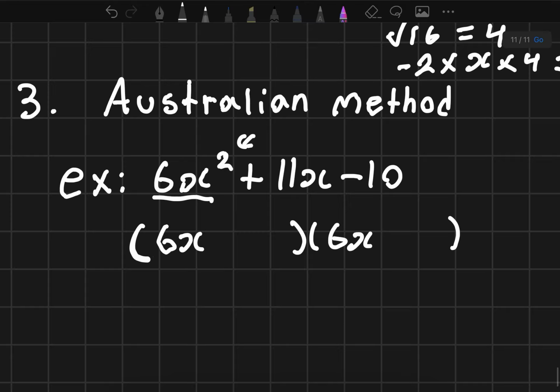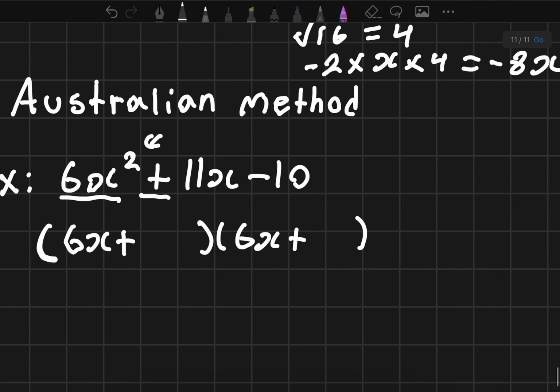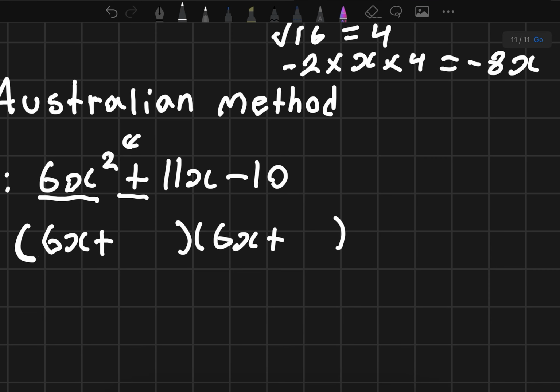And then you look at the sign in the middle. As we can see, that has a plus, so you just put a plus there and a plus here as well. And now we have to find the factors to enter as the next terms.